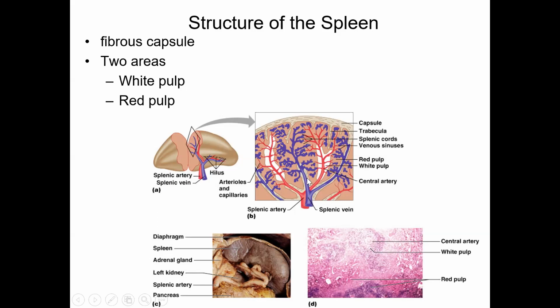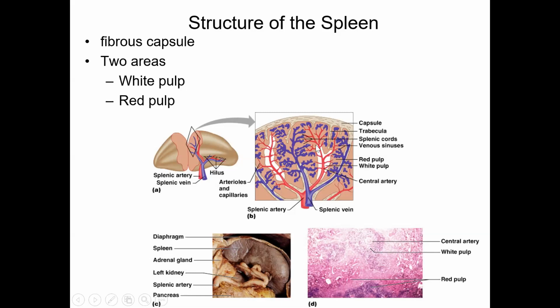Okay, and the spleen is made of structural units. On each unit, you can see a major artery on each small part. This artery is branched out from the splenic artery. This artery is called a central artery.